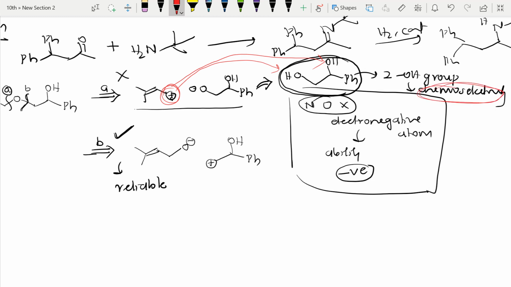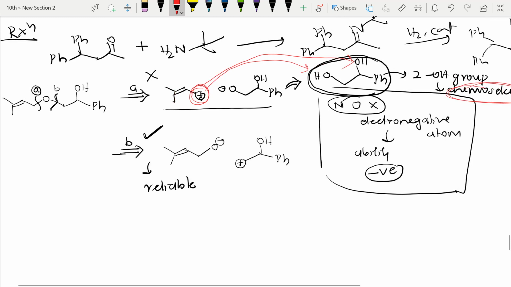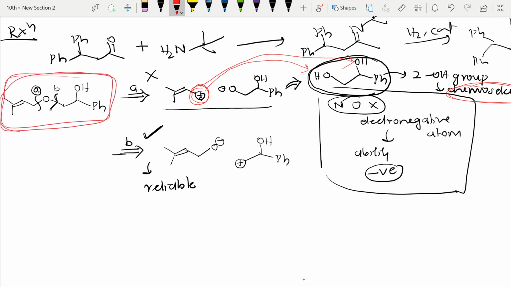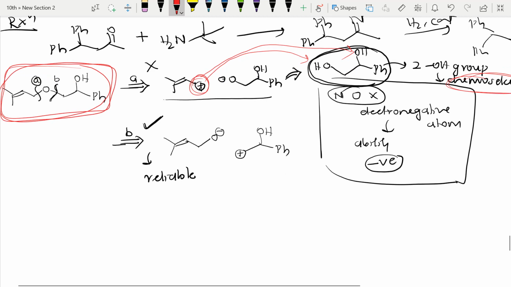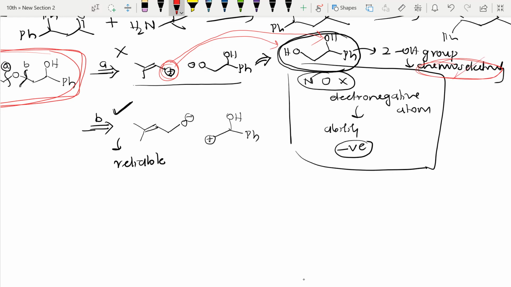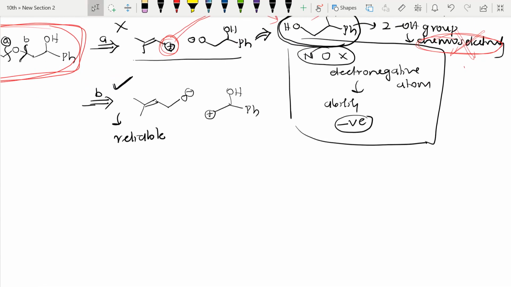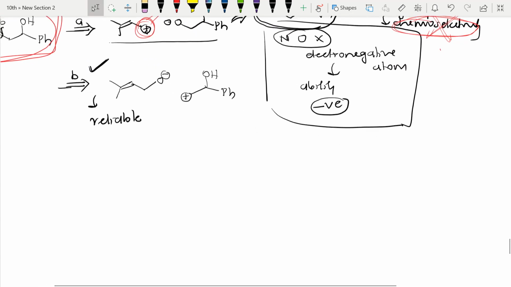Because of that, we may not get the equivalent target molecule 100% or even 90%. There may be a chance of 50% or 60-40%. So we always see that there should not be any chemoselectivity, and second, we should always get the product. So this B option is true.